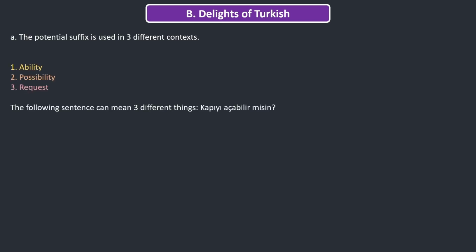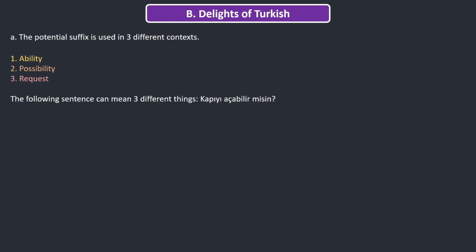So the first one is ability, when you're able to do something. And the second one is possibility, when something is likely to happen, or when you are likely to do something. And request, like asking someone to do something for you. So this following sentence has three different meanings.